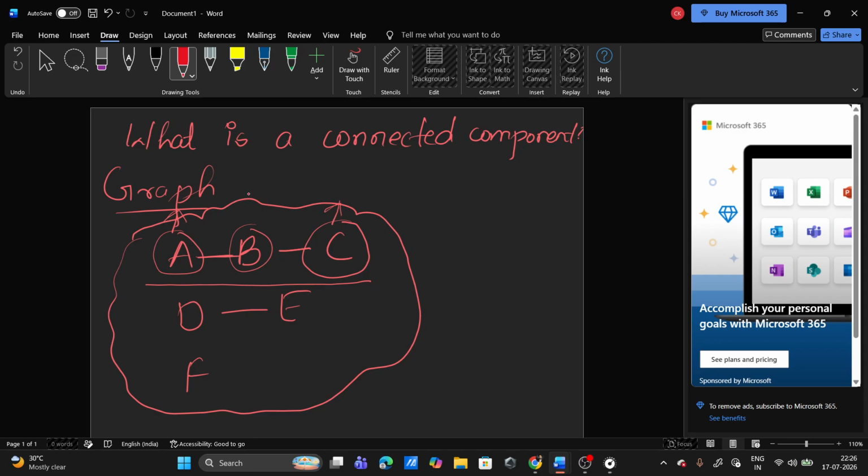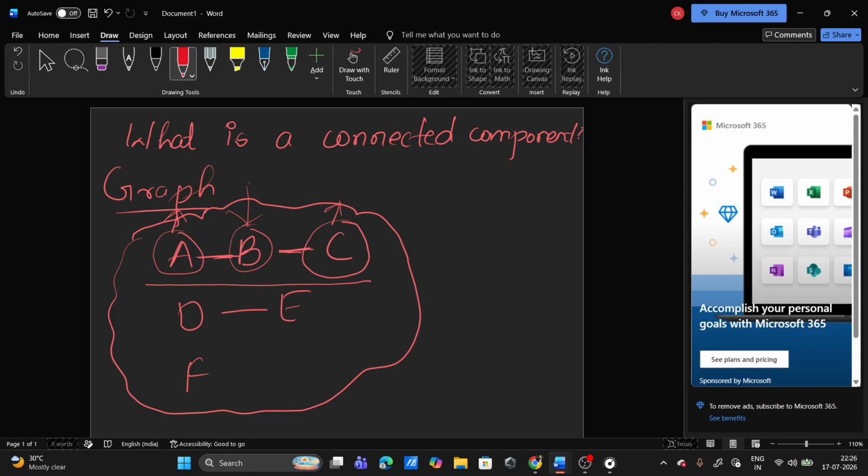Similarly, let's say you are at this vertex, and I ask you, can you travel to vertex A? You'll say yes. Can you travel to vertex C? You'll say yes, I can also do that, through this edge and this edge.